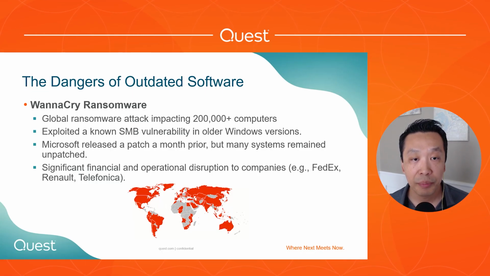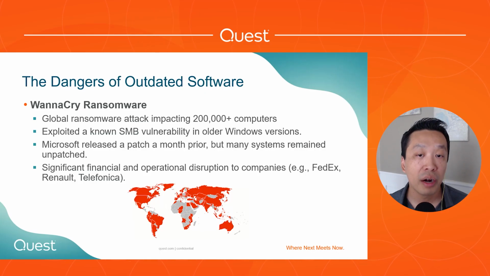So lots of big companies, but especially small to medium-sized businesses were hit hard because they just didn't have the manpower to keep their Windows operating systems updated and to fix the issue. So this was a huge issue that spread because people weren't updating their Windows, right?